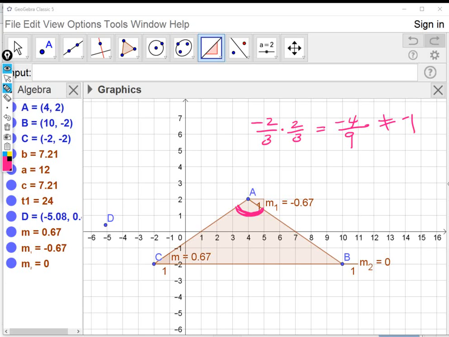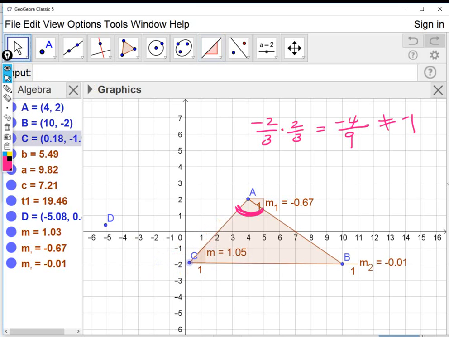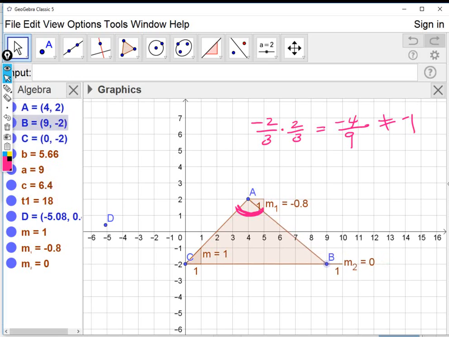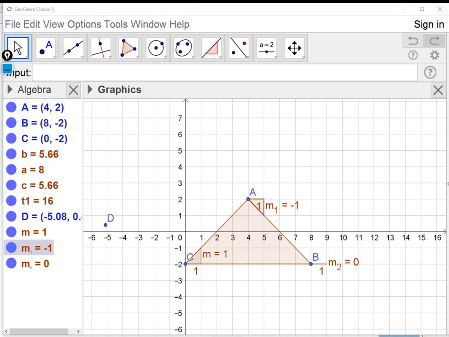Let's do it this way. We'll go back to this triangle, but what if I took a triangle that has slopes that are +1 and -1? If I multiply them together, they give me -1. What is this angle right here?